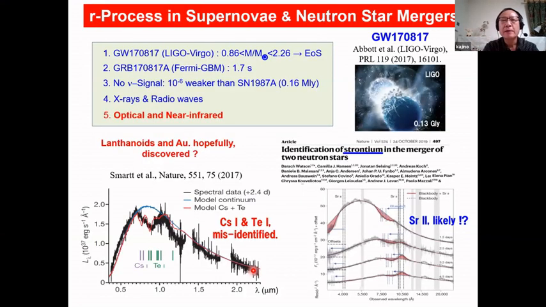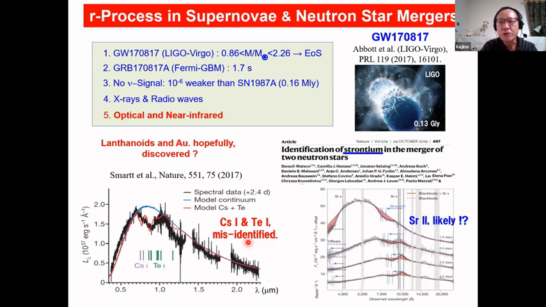Okay, let us start our discussions from our excitement 4 years ago. Gravitational waves were detected from GW170817 4 years ago. And very excitingly, many possible indirect pieces of information about the detection of heavy nuclei were reported.